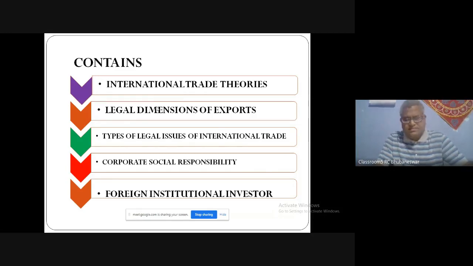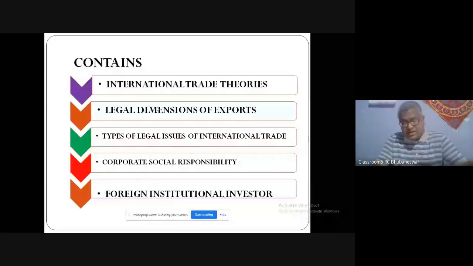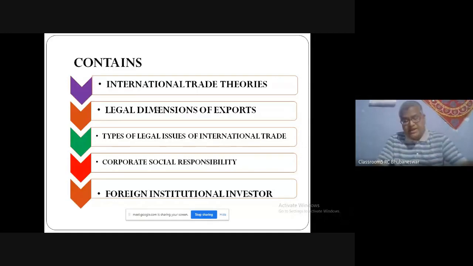Sometimes you listen on radio, or read in newspapers or books, about European countries, SAARC countries, the North American Free Trade Agreement, NAFTA, the Association of Southeast Asian Nations, ASEAN, and AFTA and IFTA. These are called trade blocks.